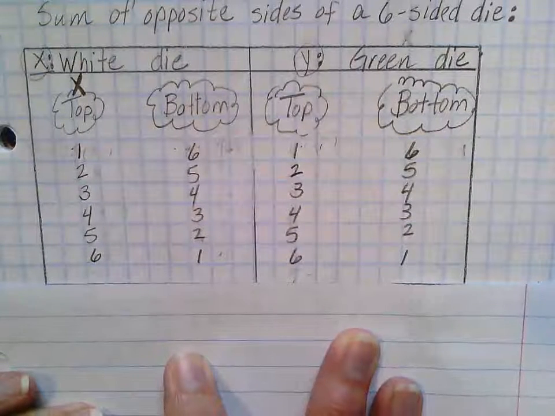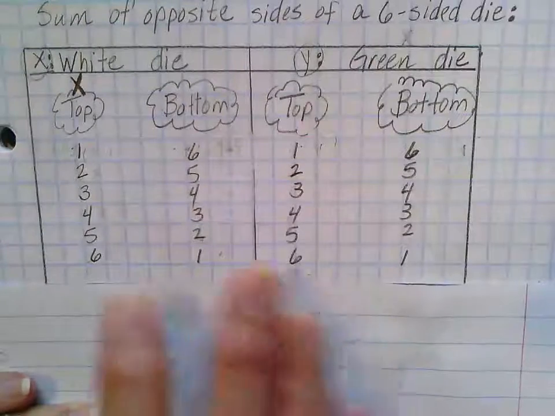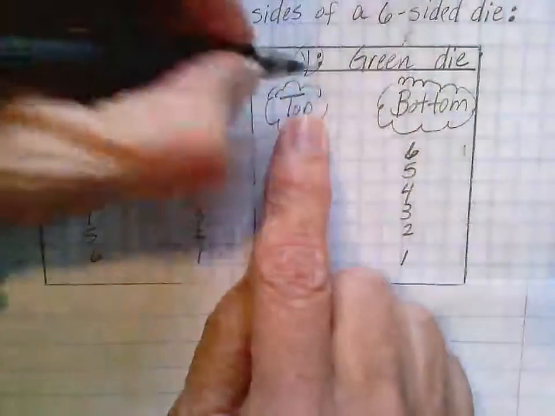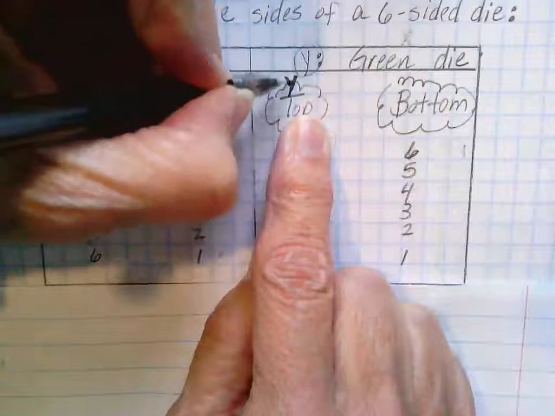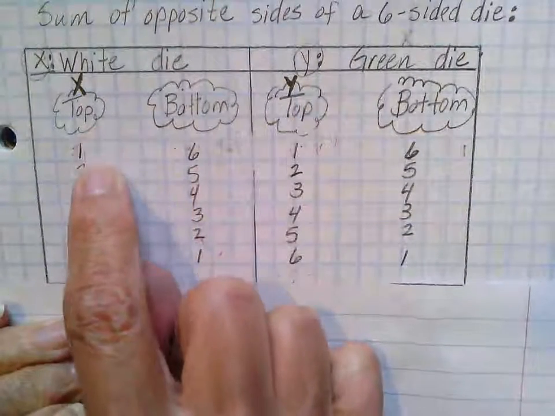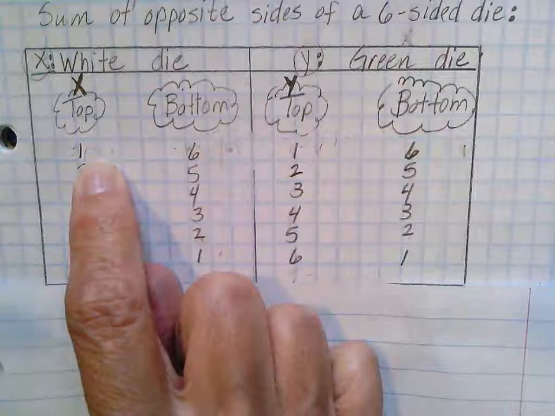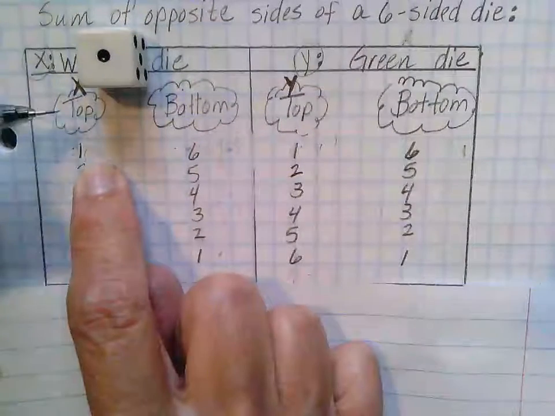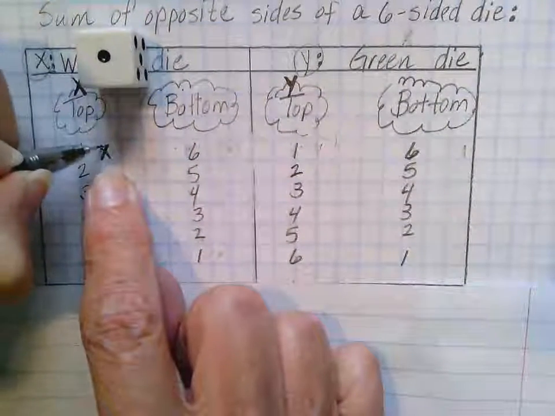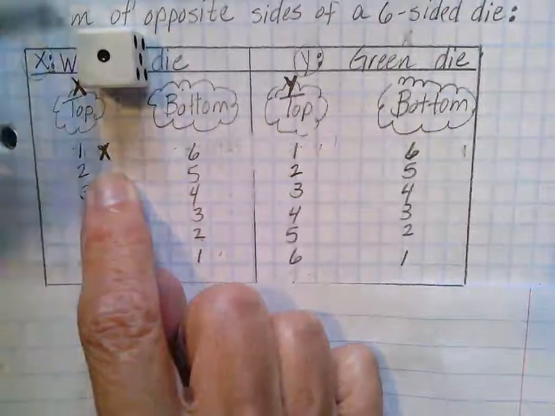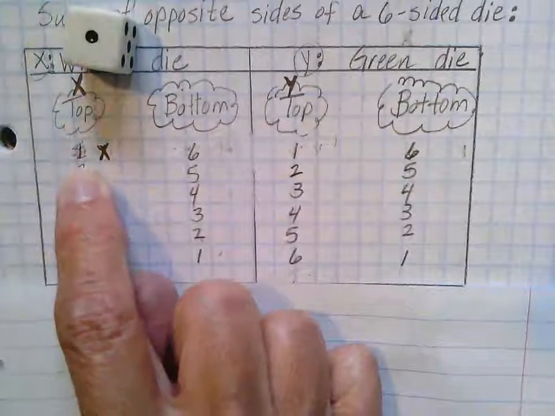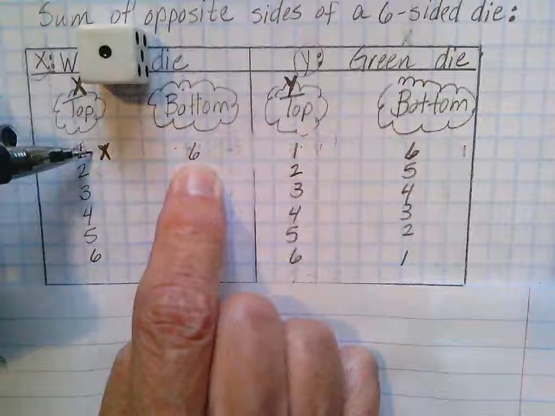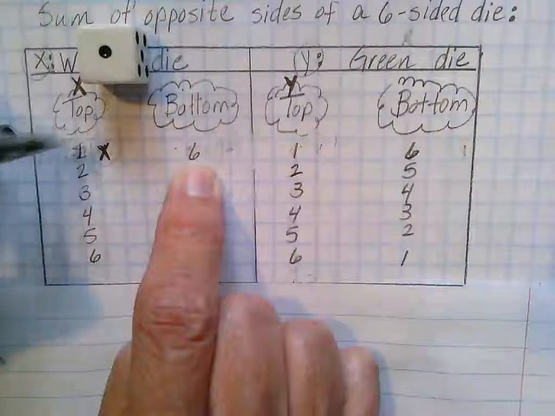Okay, what we're going to do now is talk about these values in terms of x or y. So if I look at my white die and I have a 1 on top of my white die, I'm going to call that value X. I'm going to lightly scratch that out because now my top number is going to be X. Well, how can I get 6 using a value of X?